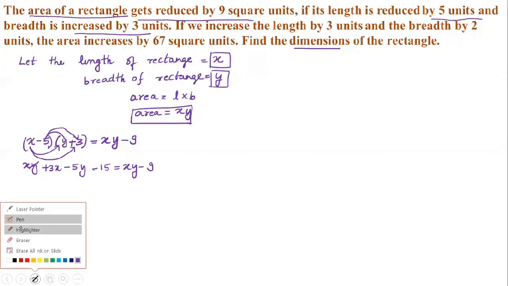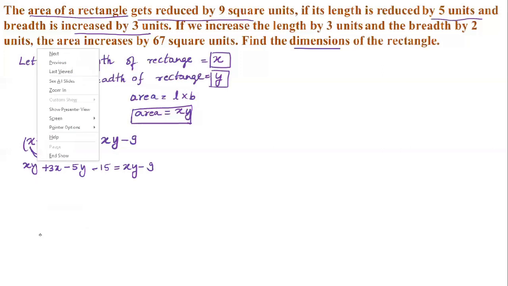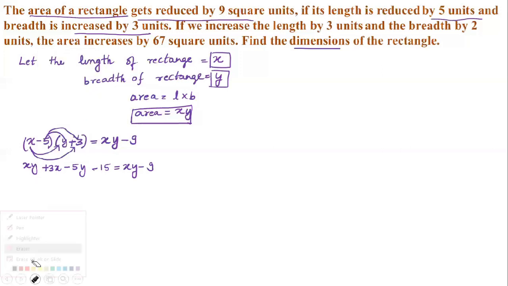You can cancel it or take all the variable terms to the left side. xy plus 3x minus 5y minus xy is equal to minus 9.